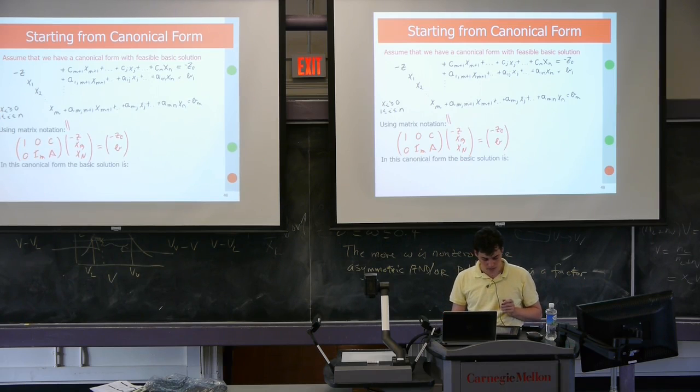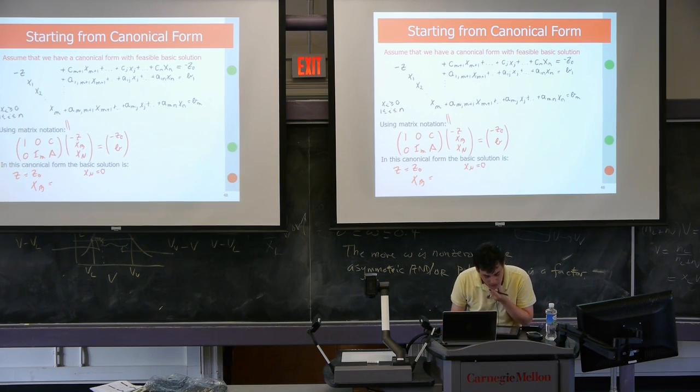Okay, and in this canonical form, of course, the basic solution is z0 and, what's xb? So we know that xn is 0.